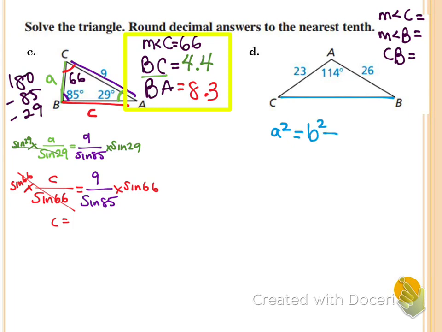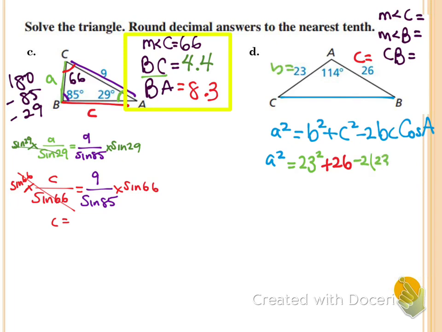So a squared equals b squared plus c squared minus 2bc cosine of angle A. This is the one we like to do because we just plug everything in. B is 23. C is 26. Minus 2 times 23 times 26 cosine of 114.